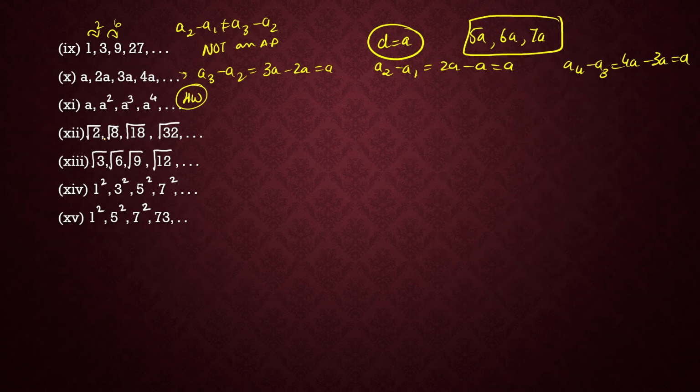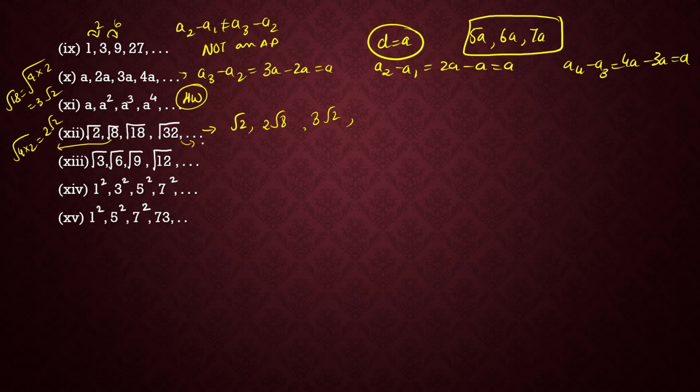Okay, the next question. Here simply it's tricking your mind. If you directly see you will say it's not an AP, but just simplify this. It is root 2. Now root 8 can be written as root 4 into 2, so that is equal to 2 root 2. Now root 18 can be written as root 9 into 2, so that is equal to 3 root 2.